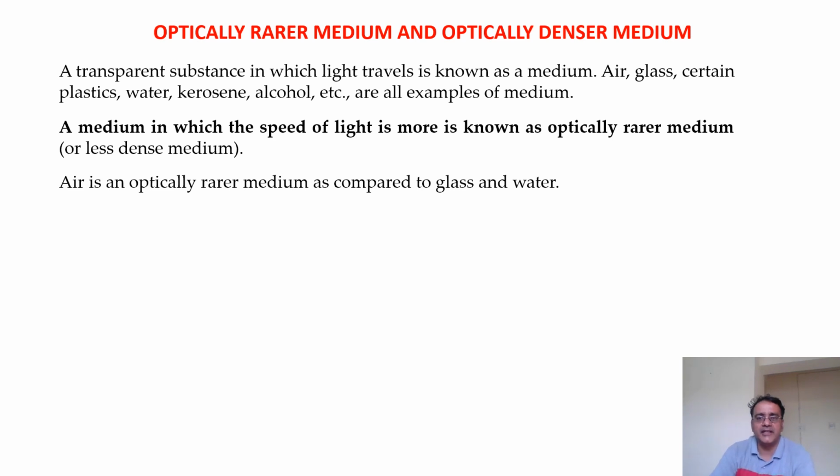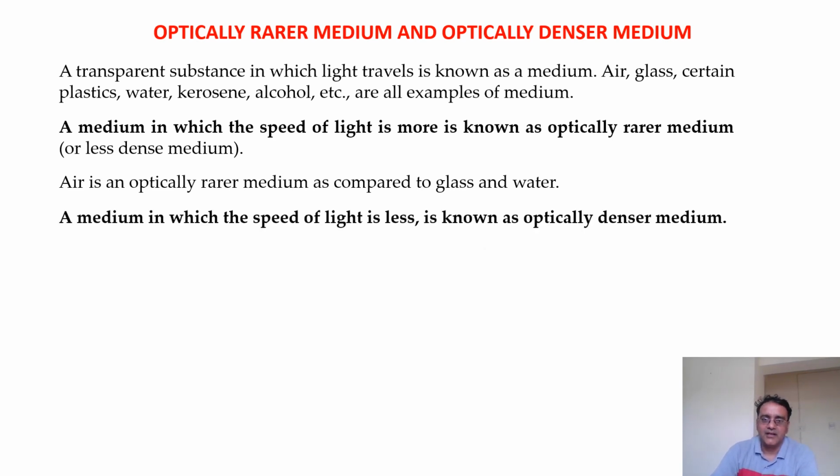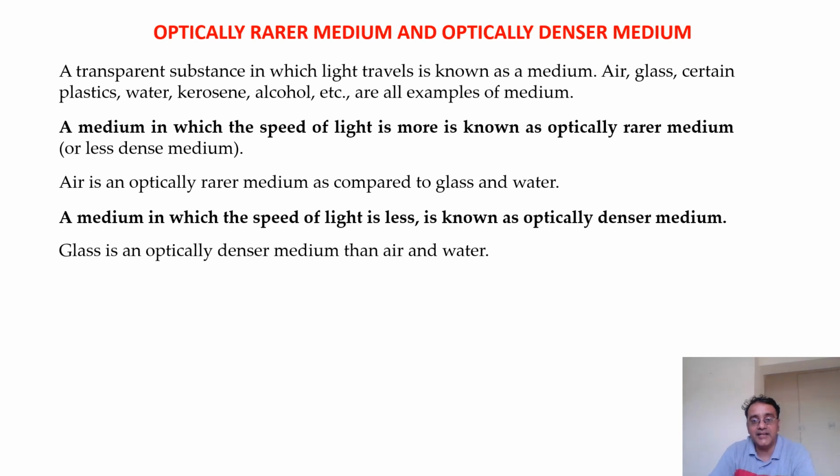Air is an optically rarer medium as compared to glass and water. Why? Because the speed of light is more in air compared to glass and water. Glass is an optically denser medium than air and water. Why? Because the speed of light in glass is less compared to air and water.